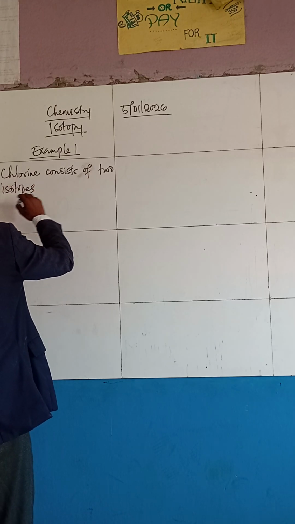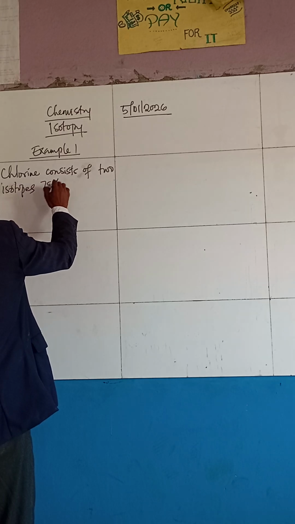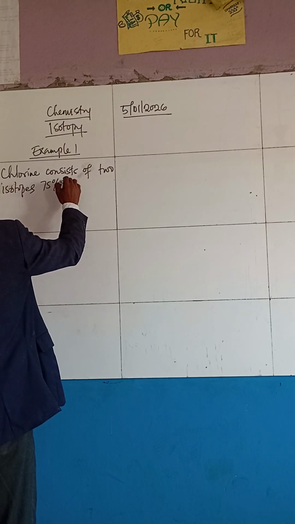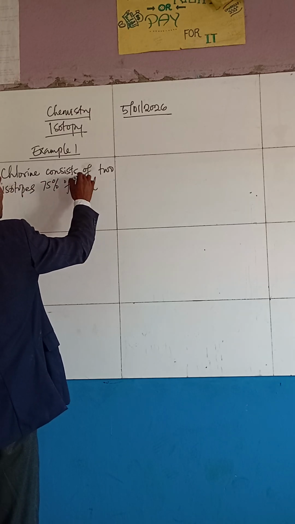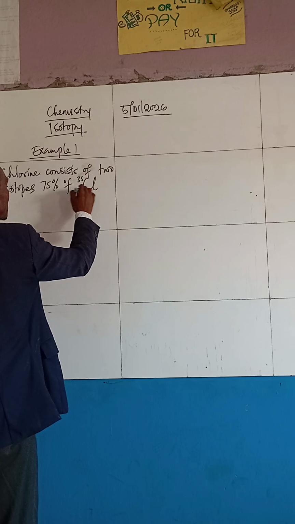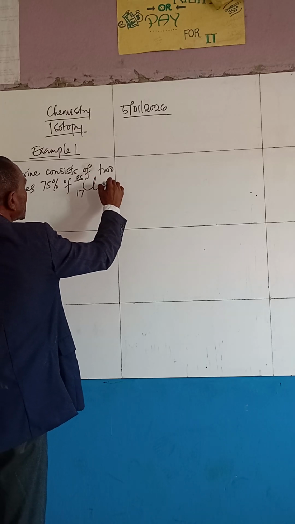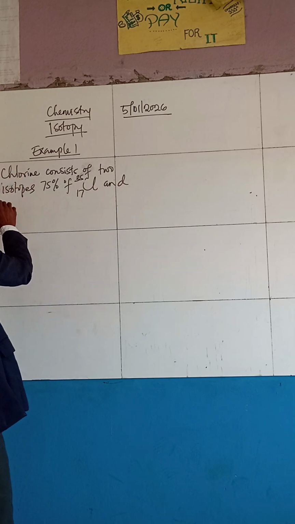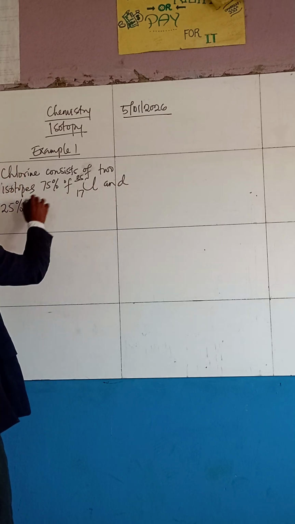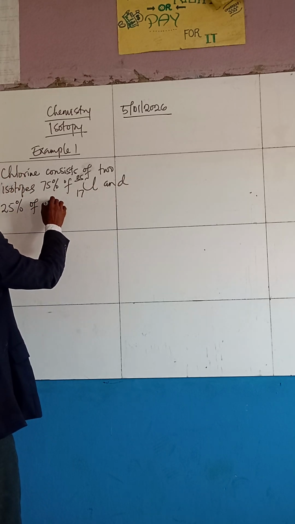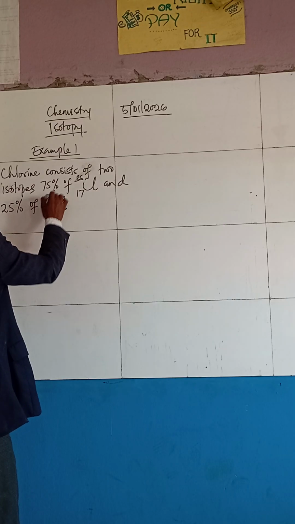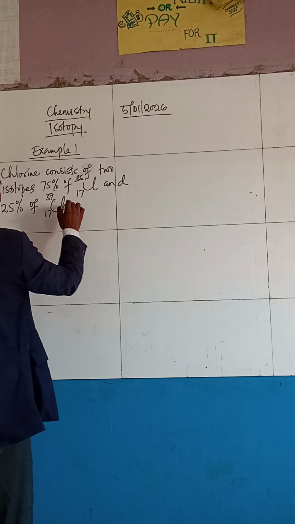What are these isotopes? 75% of chlorine-35, atomic number 17. That 75% is the relative abundance. Then 25% of chlorine-37, atomic number 17.